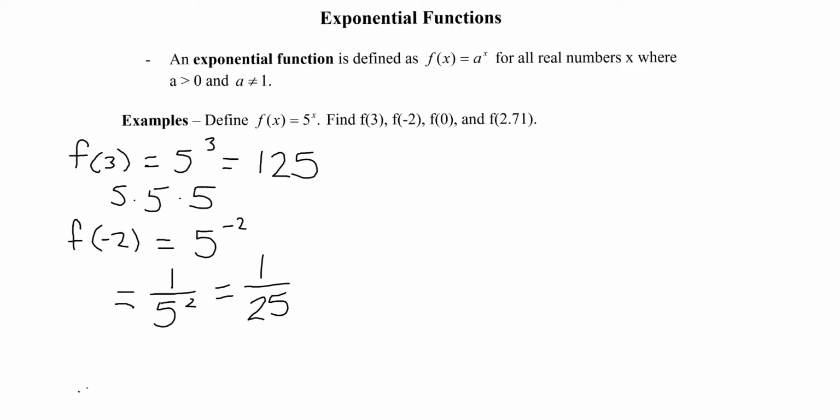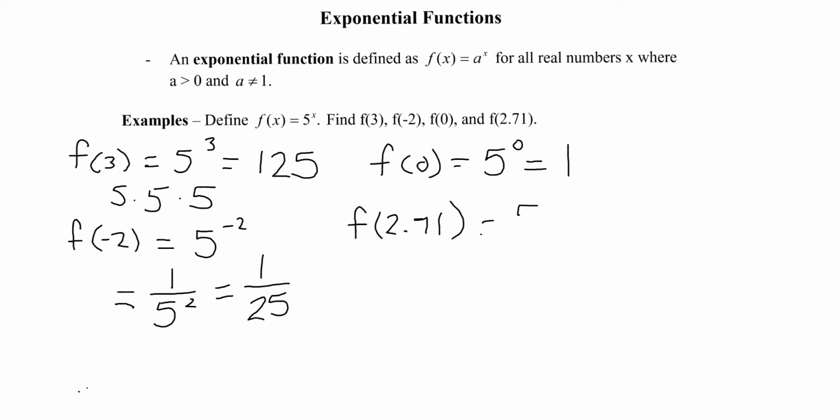Next, we have f of 0, and when we evaluate it, it would be 5 to the 0 power, and if you recall, anything to the 0 power always equals 1. Our last one is f of 2.71.